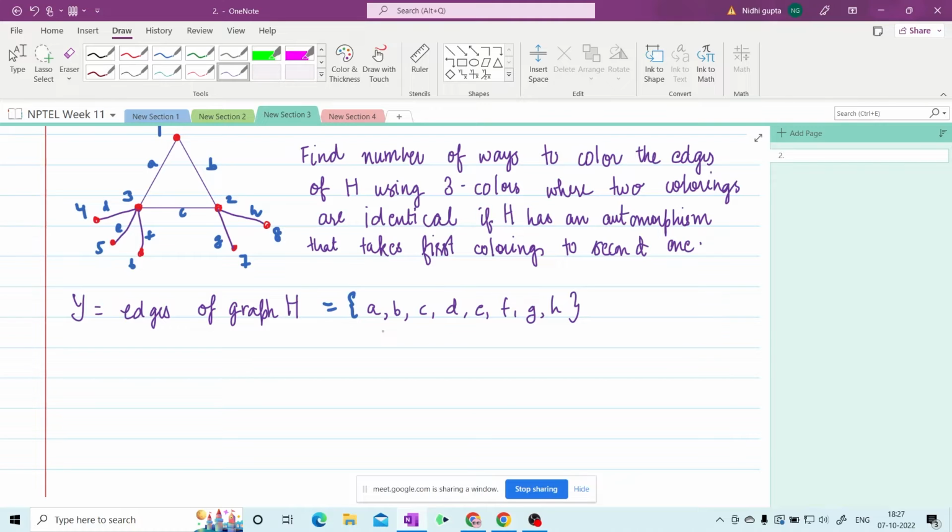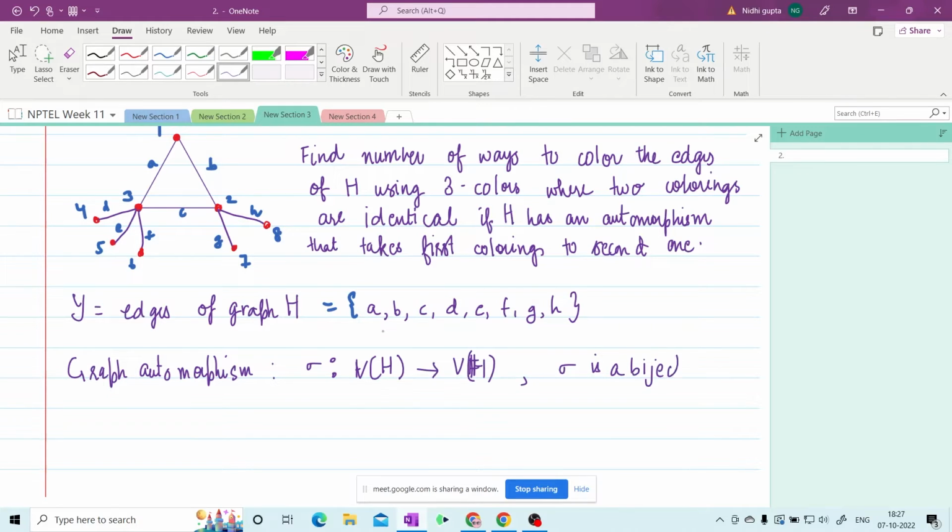So first of all, H is a graph. So what do we mean by a graph automorphism? By a graph automorphism, we mean a map sigma from the vertices of H to the vertices of H such that sigma is a bijection.